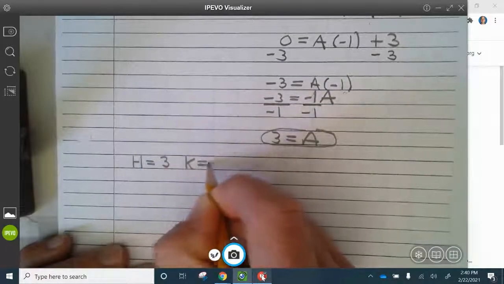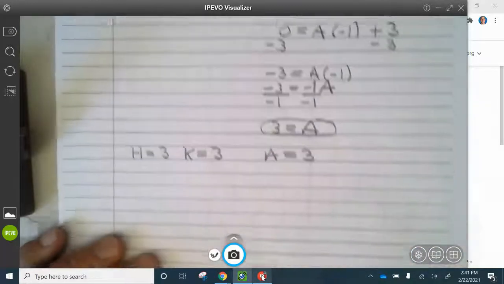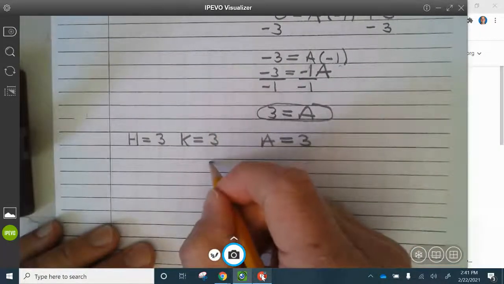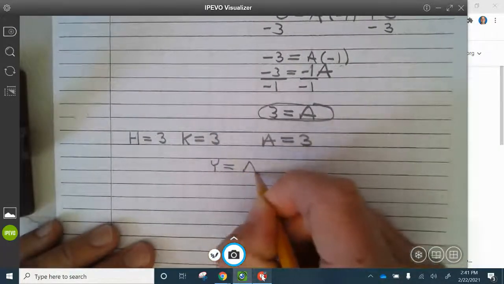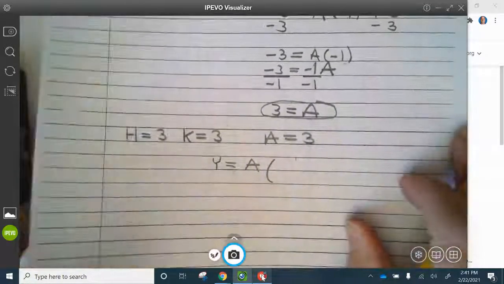So y equals 3, parentheses 1 divided by x minus 3 plus 3. All right.